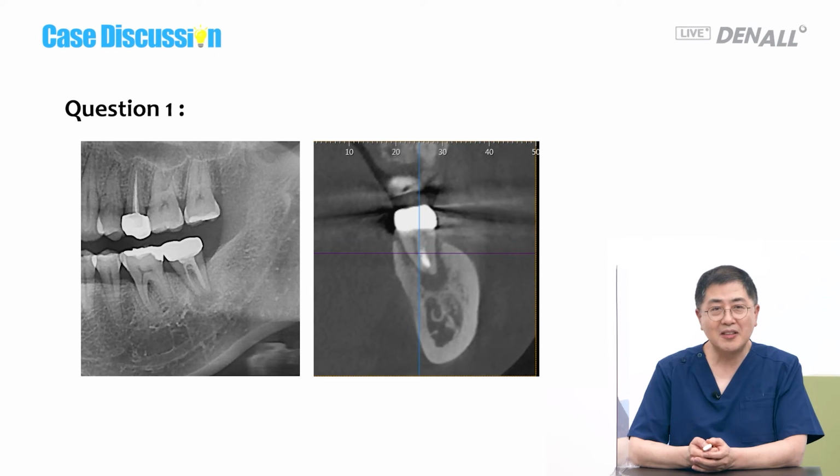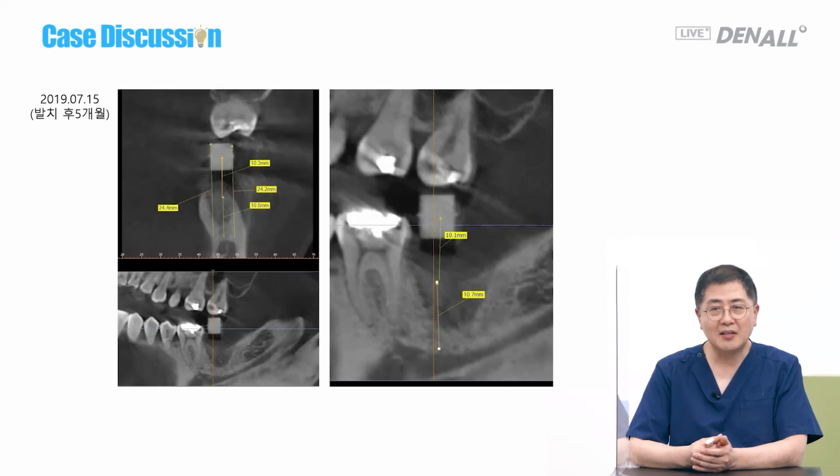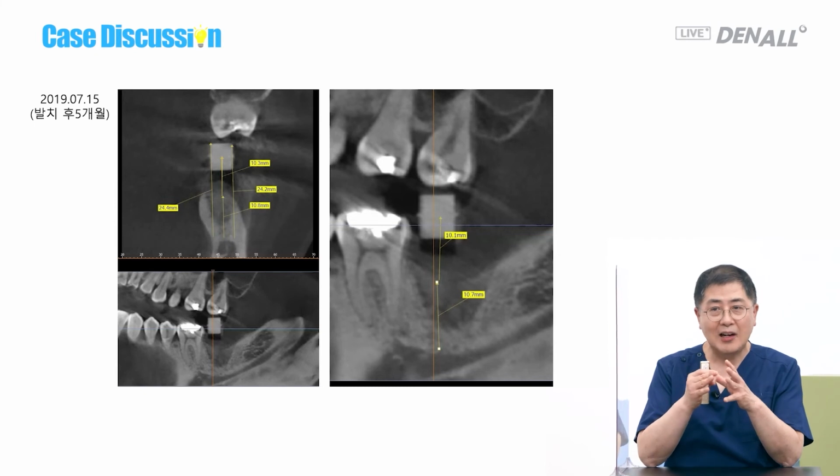This is number 37 case, and this is a similar case. I did nothing. 37 was extracted. After 3 months on CT, it was not ossified. I waited a little bit longer. In 5 months, guided surgery was done to place an implant for initial stability.